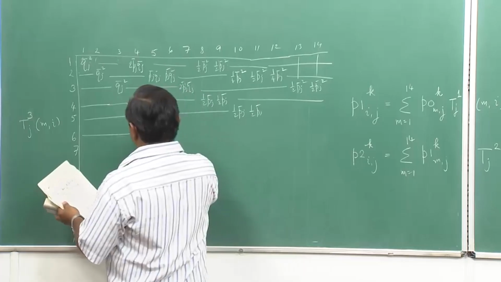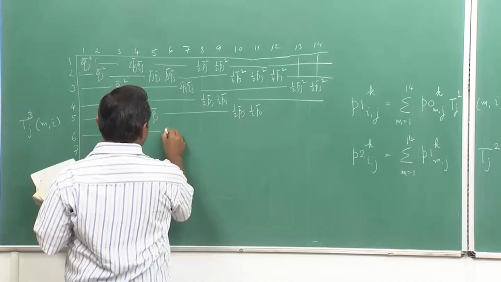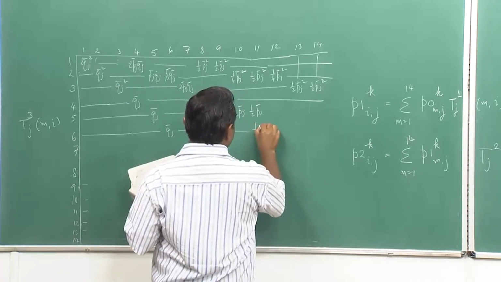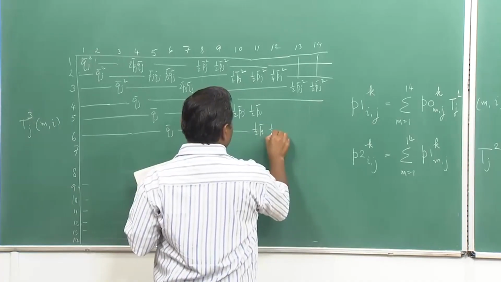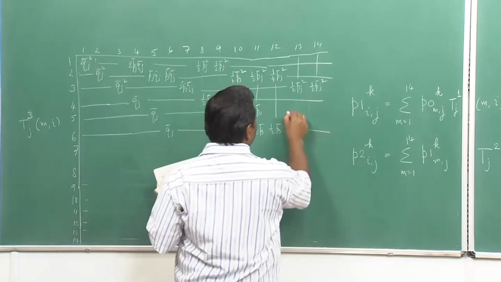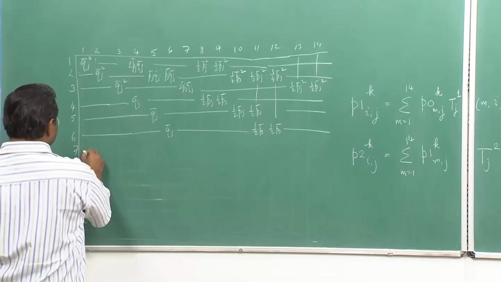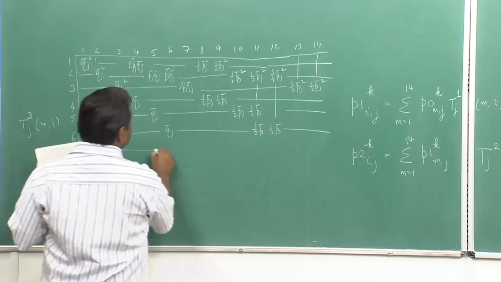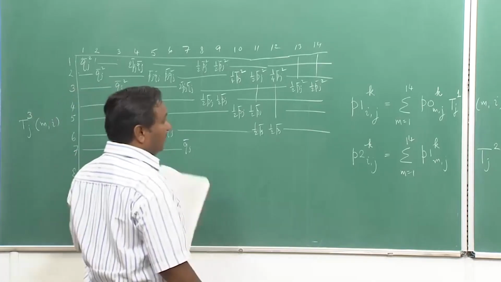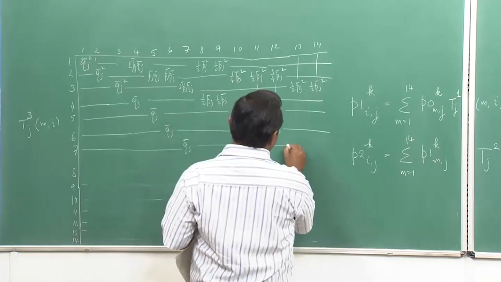So, 6 will remain in 6 with q j bar. With the 7th, similarly, I will remain in the 7th state with q j bar, and 13 and 14 I will do half half of p j bar actually.